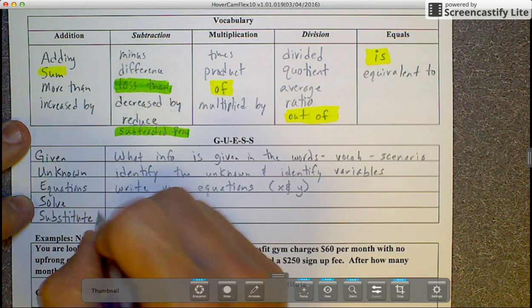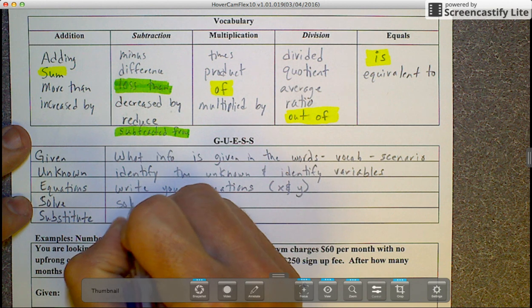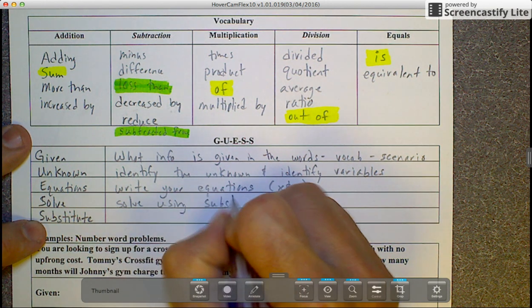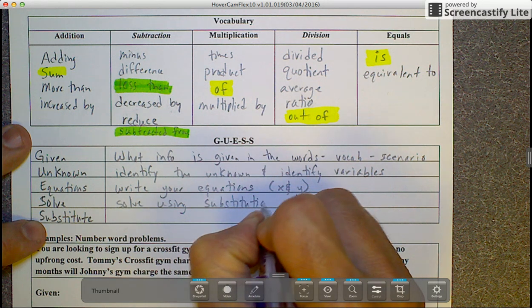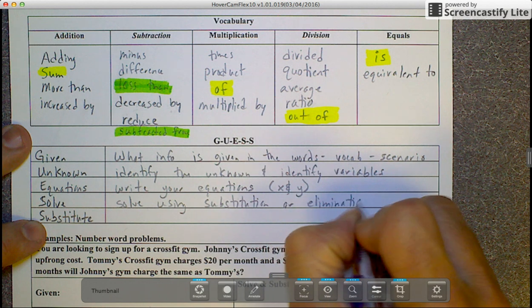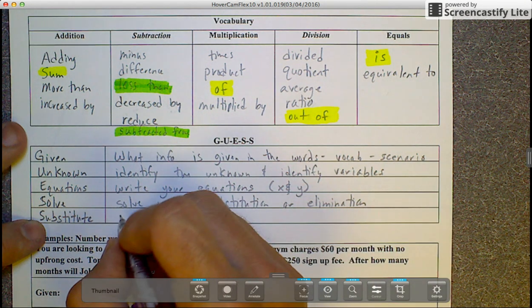Solve is pretty simple. Solve using substitution or elimination. And then the last one, you're going to substitute.